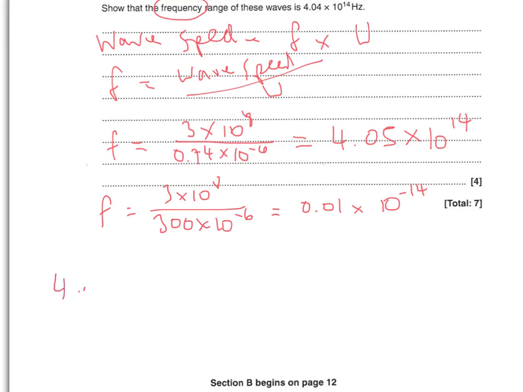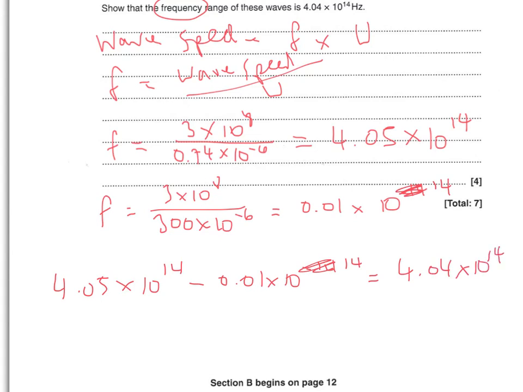So it's 4.05 times 10 to the 14, take away 0.01 times 10 to the 14. Oh, I do apologise, this one is 14, it's not minus 14. And so is this one. And that equals 4.04 times 10 to the 14. So there's your difference.